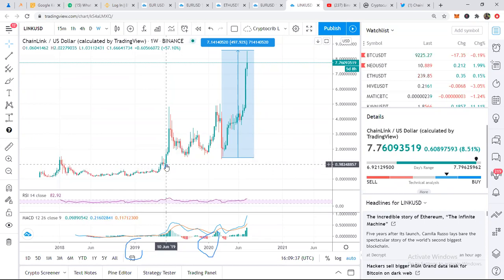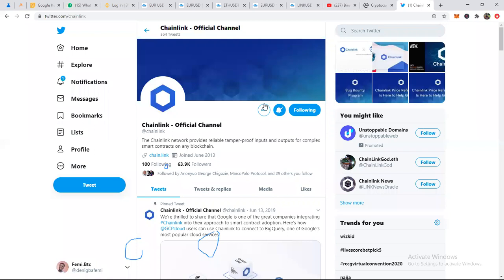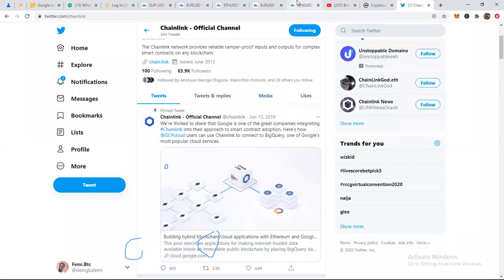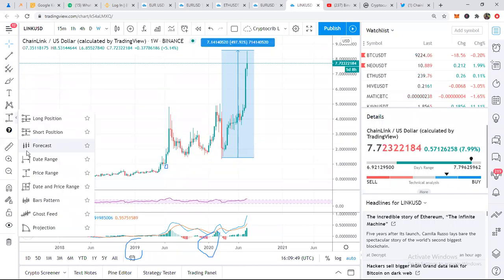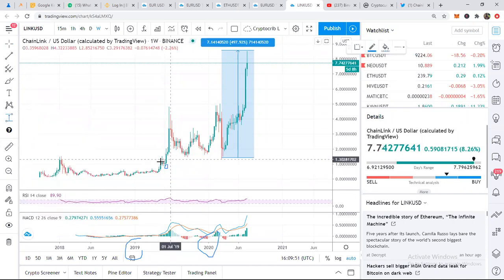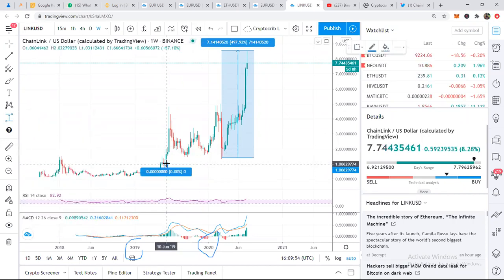This is when the news was posted on Twitter, June 13, 2019. Now let's look at the price change from the 10th of June 2019 till date.